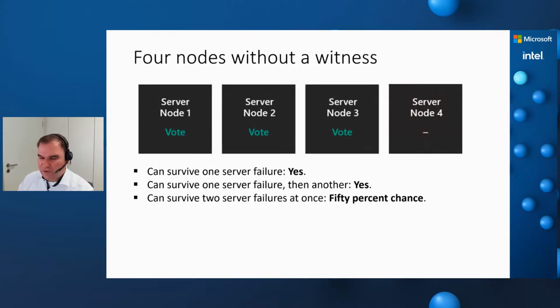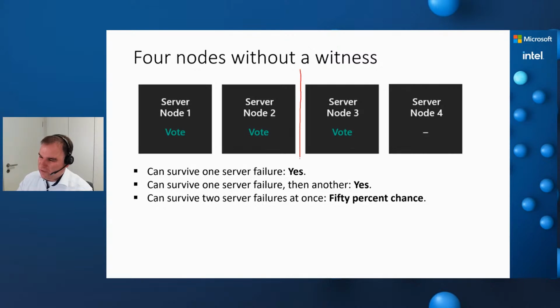When it comes to 4 nodes, then we have the situation, if we do not configure a witness, the cluster again removes a vote from one node to ensure that in every scenario we can build a majority set. Let's imagine we have the situation a cluster fails like this.